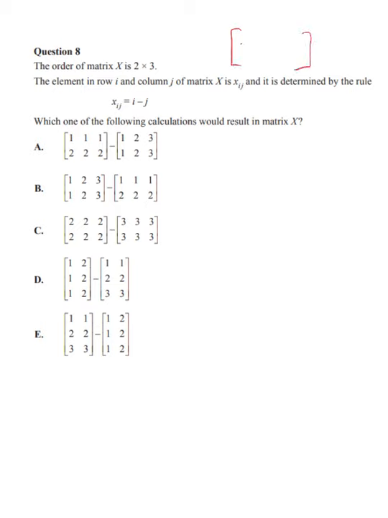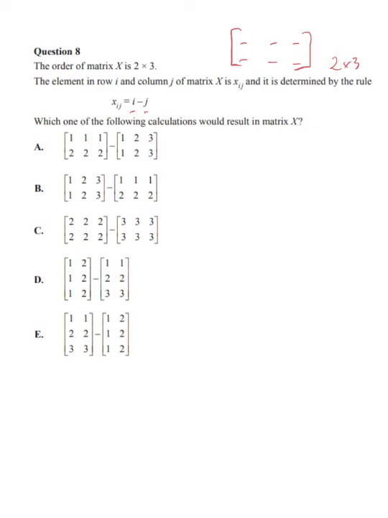A 2 by 3 means I have 2 rows and 3 columns. The element in row i and column j of matrix X is Xij, and it is determined by the rule where we take the row number minus the column number. Which of the following calculations would result in matrix X?